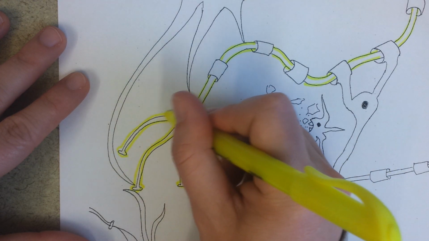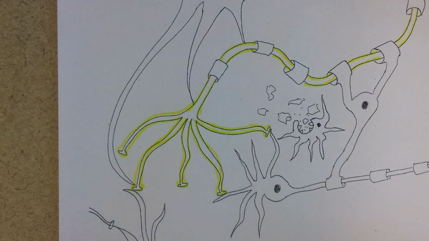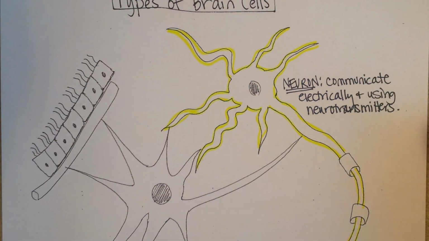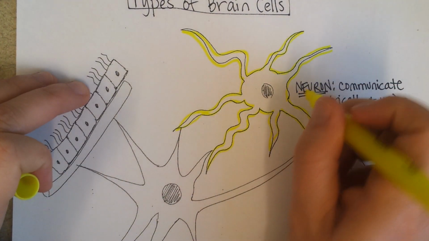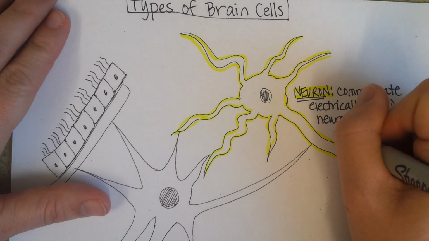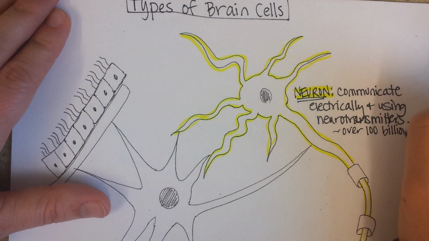However, it does appear that more connections between the neurons that exist is very important in how well you can solve problems and remember things. So, it's a neuron. So, a couple of interesting things. There are over 100 billion of these.